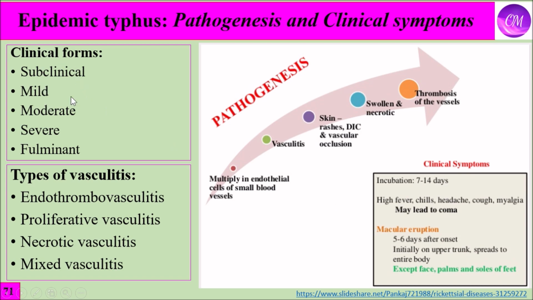There are subclinical, mild, moderate, severe, and fulminant clinical forms or types. And the types of vasculitis during the epidemic typhus are the endothrombovasculitis, proliferative vasculitis, necrotic vasculitis, and mixed vasculitis.